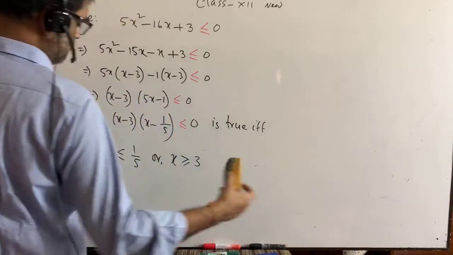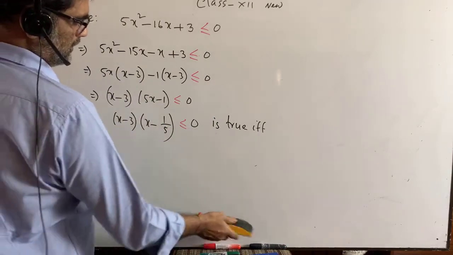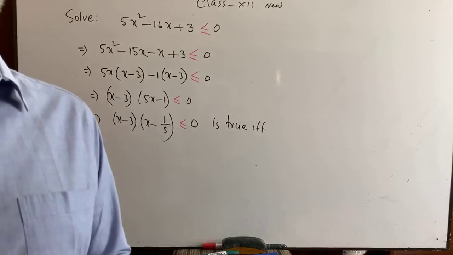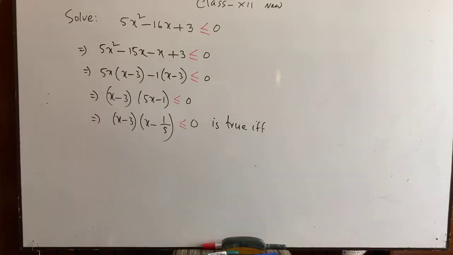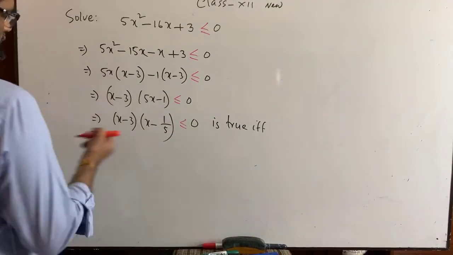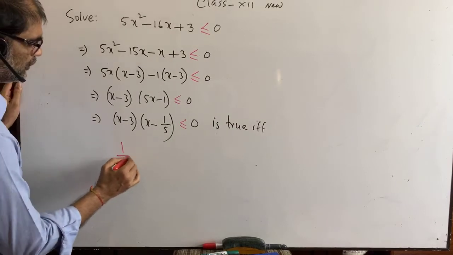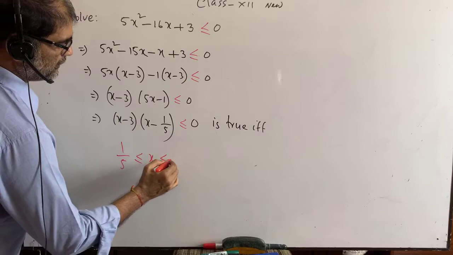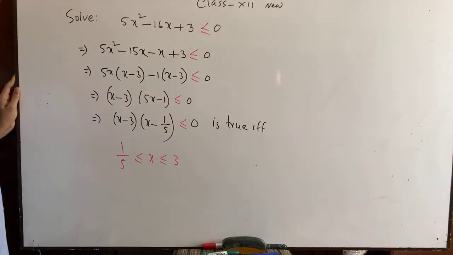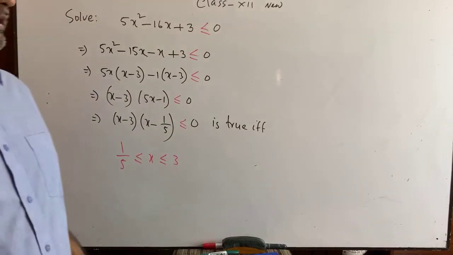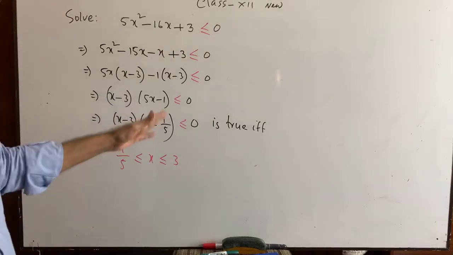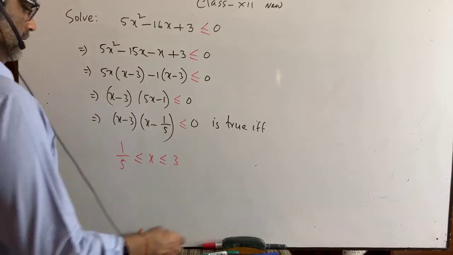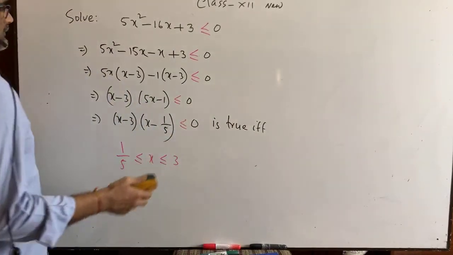Can you please let me know? Who can tell me? Okay, for the less than sign, our answer will be in between. In between means 1/5 less than or equal to x less than or equal to 3. It will be our answer. Okay, for the less than sign, our answer will be in between. Copy it.